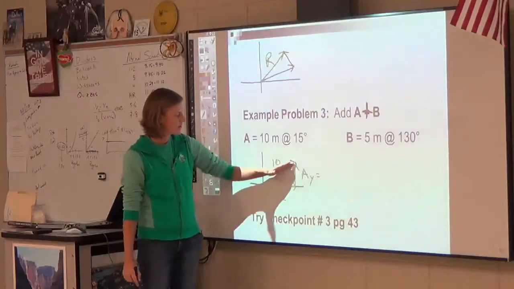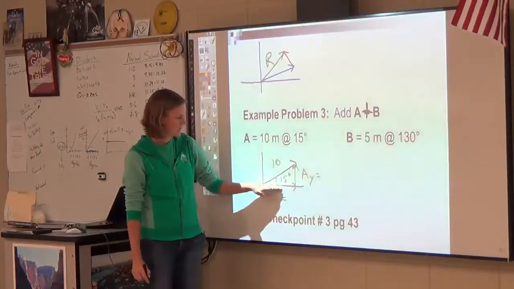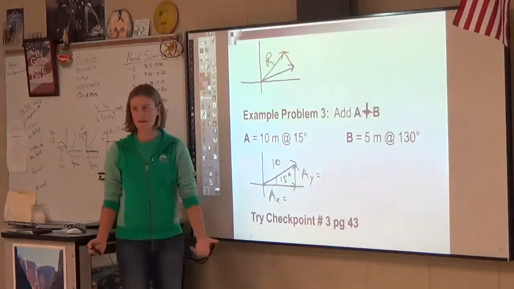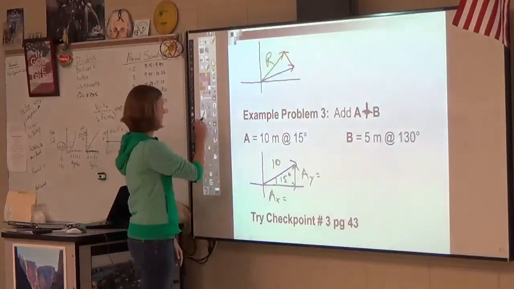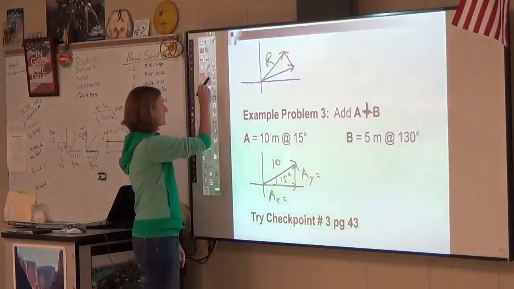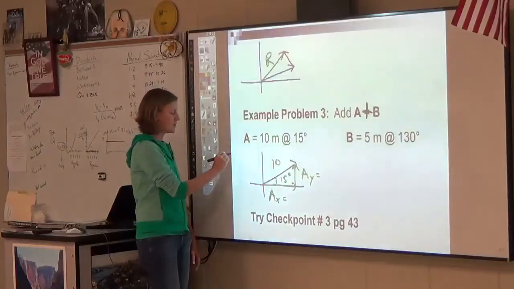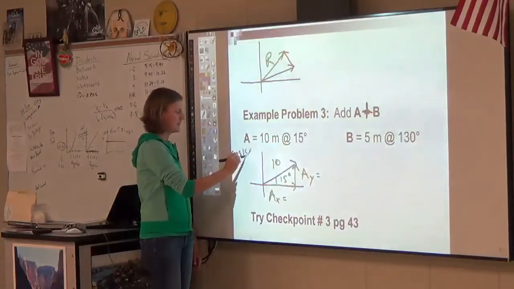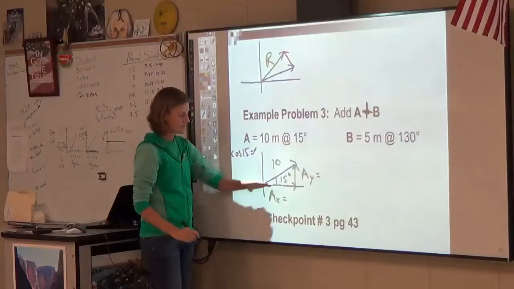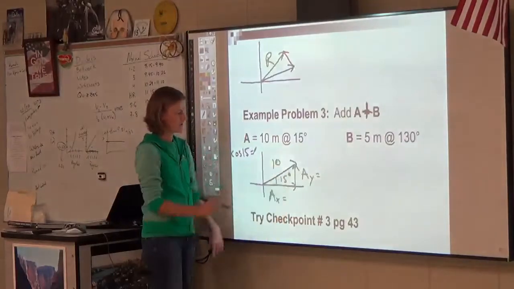So that's your hypotenuse. Ax would definitely be your adjacent side, knowing that that's 15. So that is what function? Cosine. So you need to rearrange, but you know that cosine of 15 equals adjacent over hypotenuse.